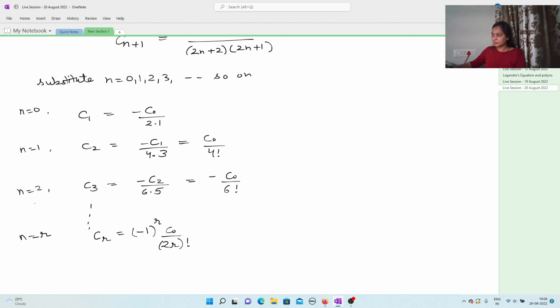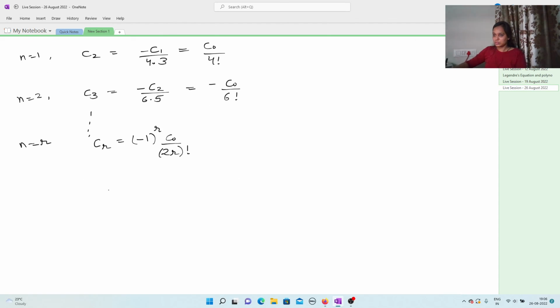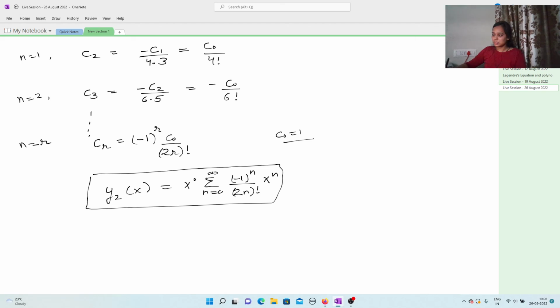Therefore, y2 of x can be written as x to the power 0, summation n equals 0 to infinity, minus 1 to the power n over 2n factorial. C0 we have chosen as 1, so this becomes x to the power n. So this is our second solution.